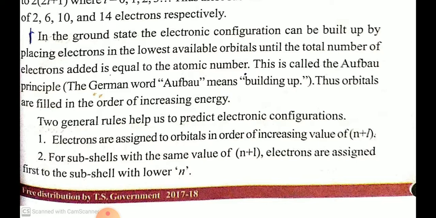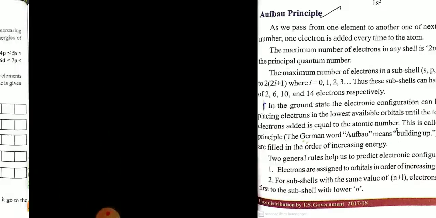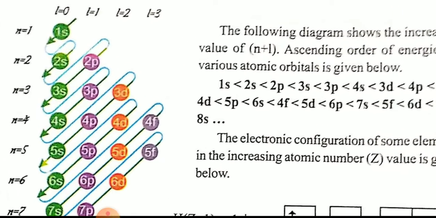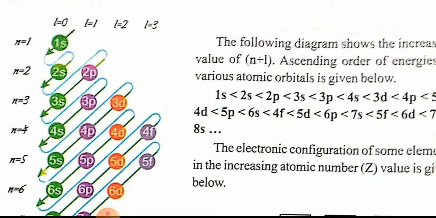That's why when the n plus l value is the same, the electron is assigned first to the subshell with the lower n value. Now you can observe here the orbitals are written. This is called the Moeller diagram.